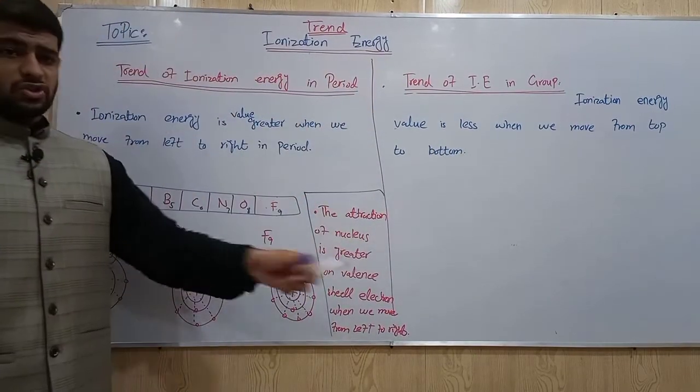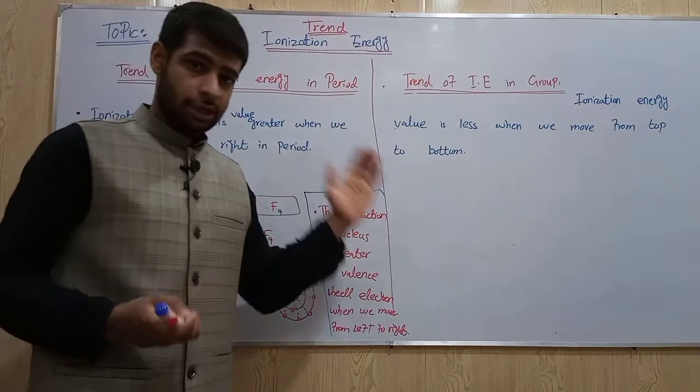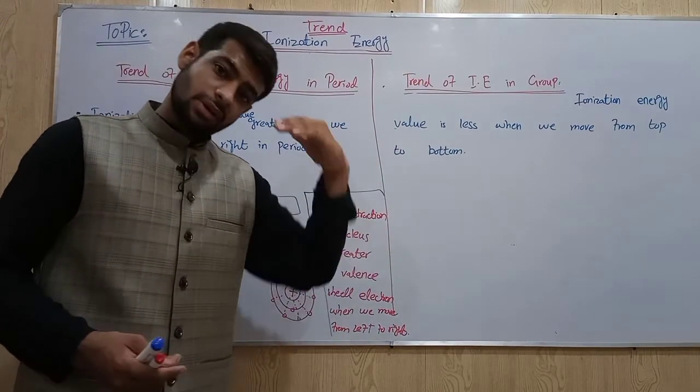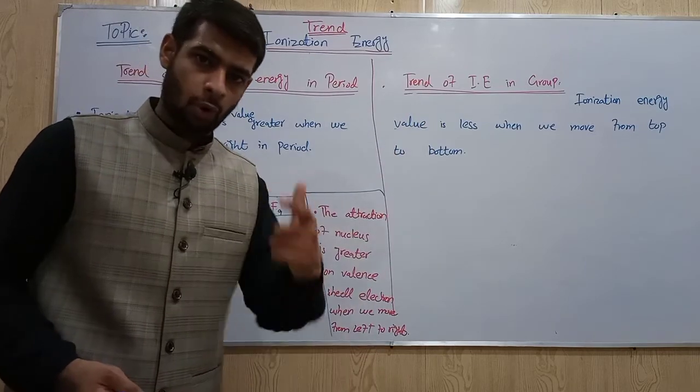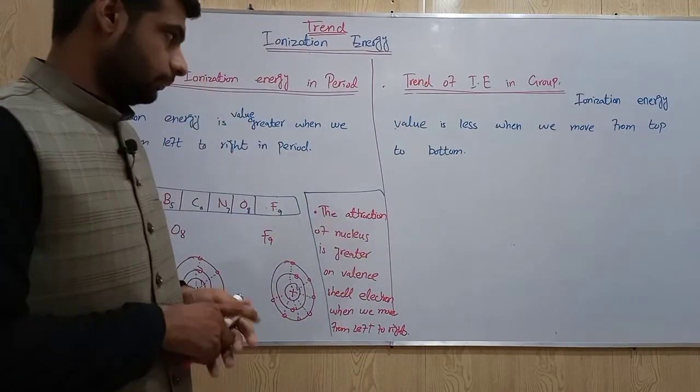Trend of ionization energy in group: ionization energy value is always less when we move from top to bottom in groups of a periodic table.